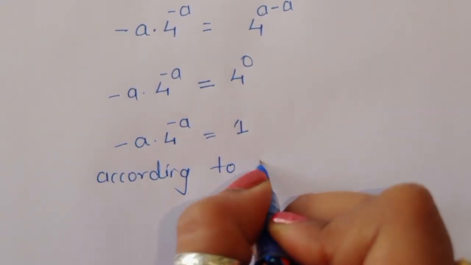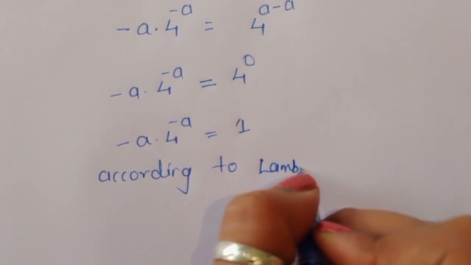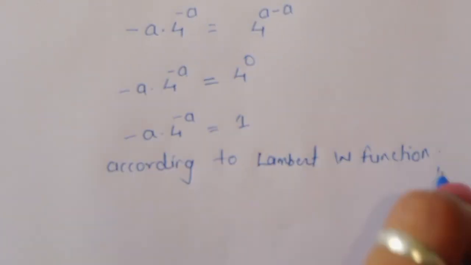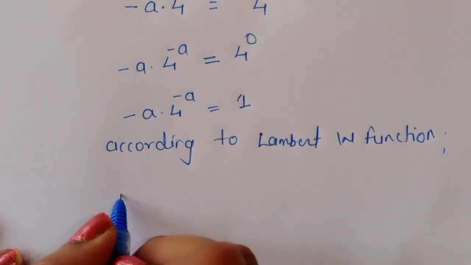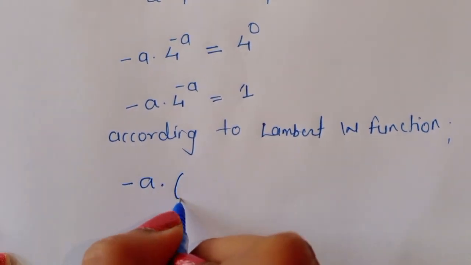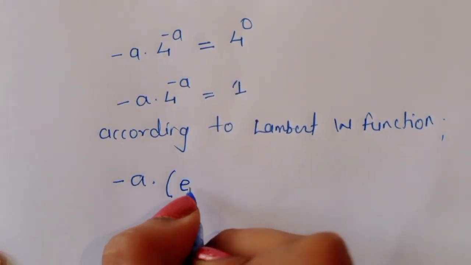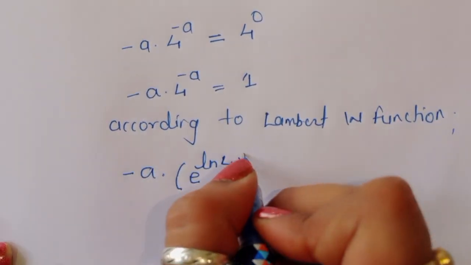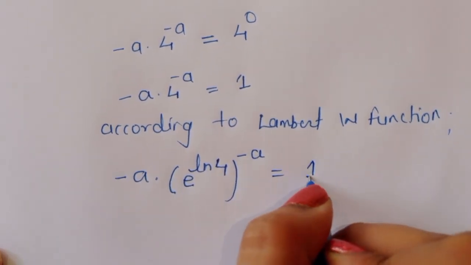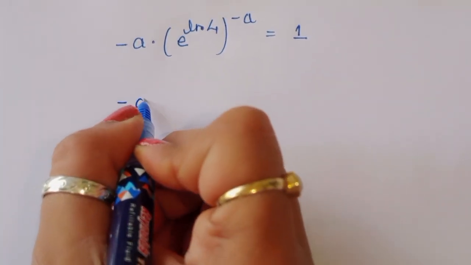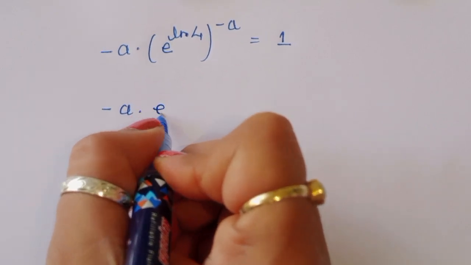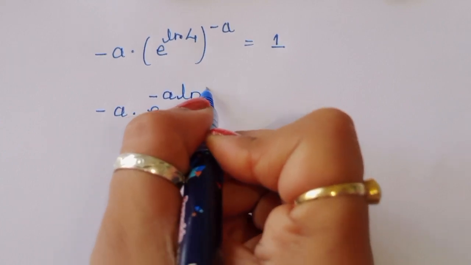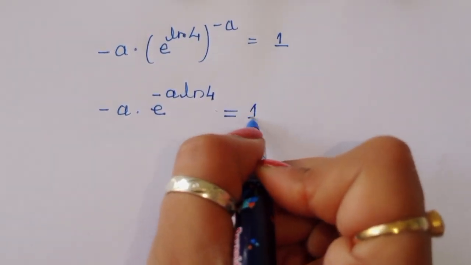According to the Lambert W function, we can do one thing here. For this 4 we can write e to the power ln 4, to the power minus a, so minus a times e to the power minus a ln 4 is equal to 1.